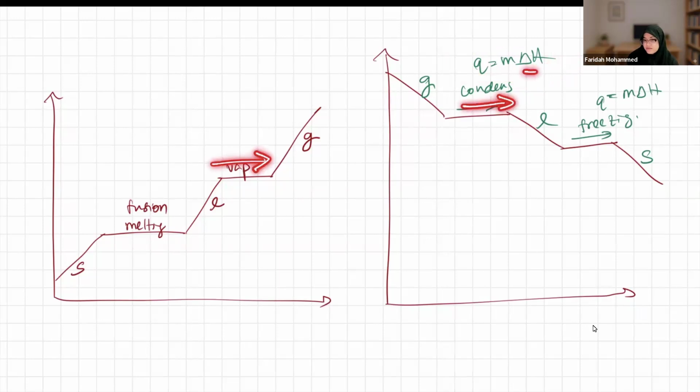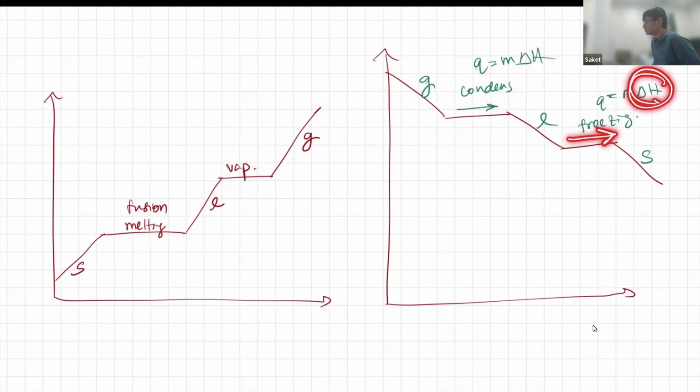So delta H would be negative. They are opposite of each other. Same goes for freezing: you use the fusion, but with a negative sign.